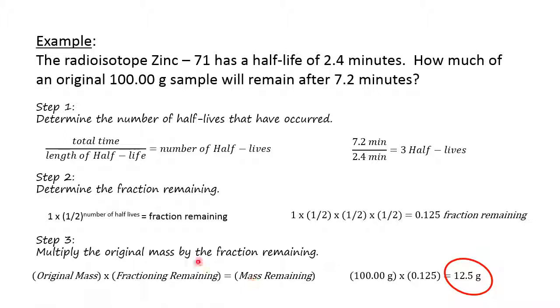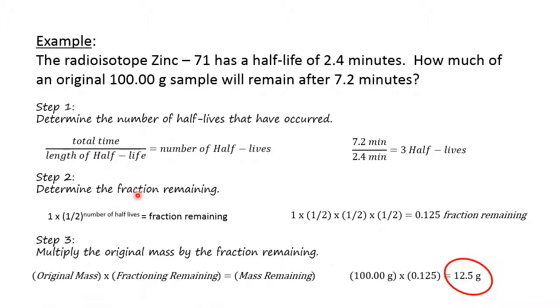And so these 3 setups, these 3 equations will help you determine either the fraction remaining or the amount of time that has elapsed. So you might have to apply them in different order, but again, if you need to figure out the number of half-lives, it's the total time divided by the length of half-life.